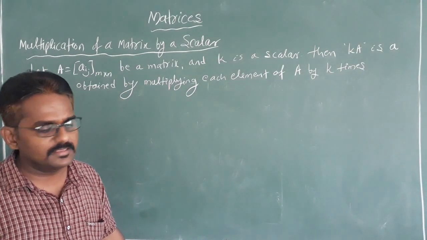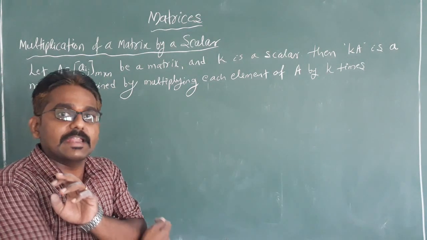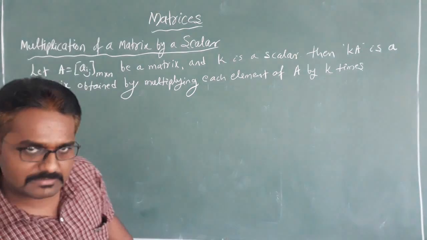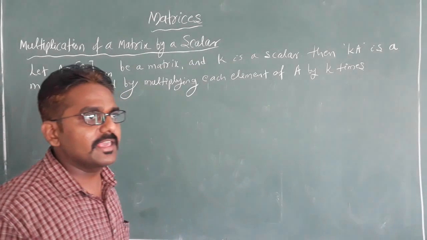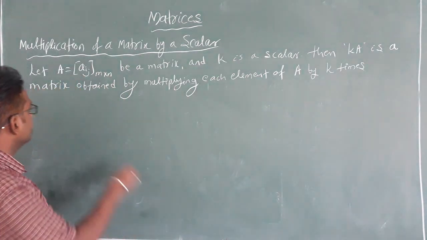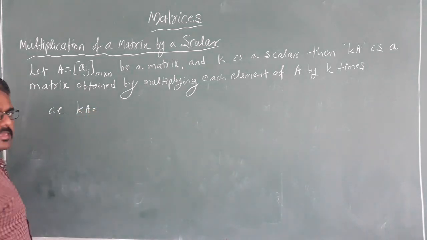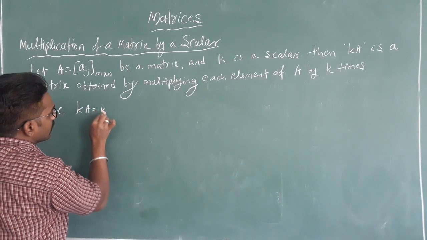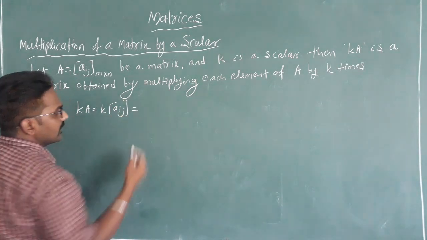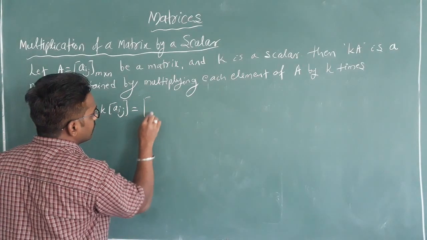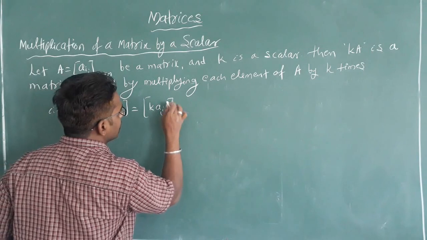Multiplying each element of A by K times, or by the scalar K. That is, Ka is equal to K into the matrix Aij, then we get K into Aij of the same order.